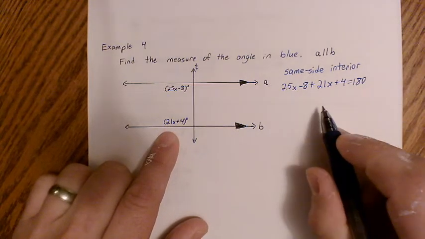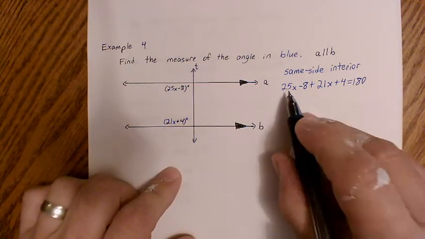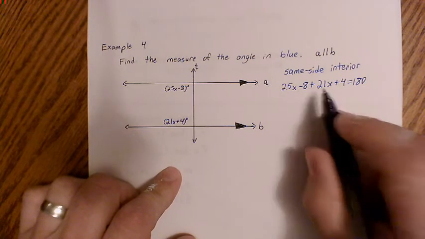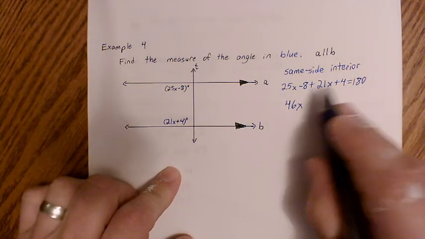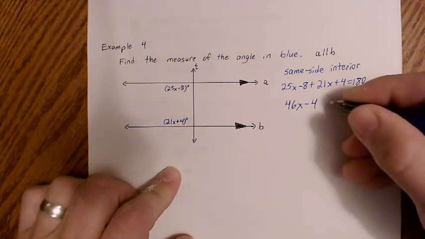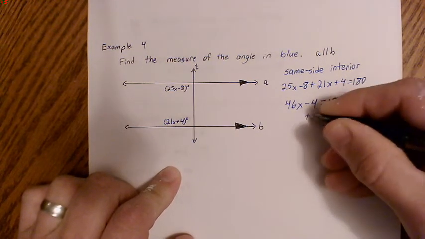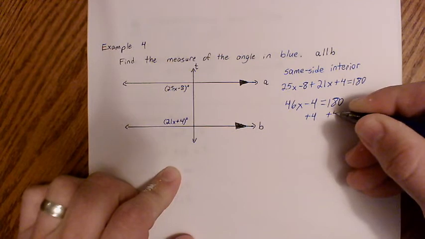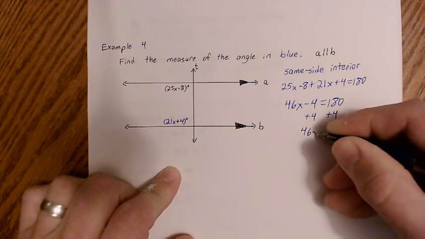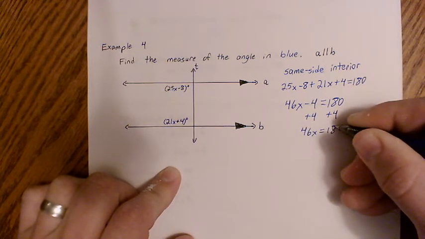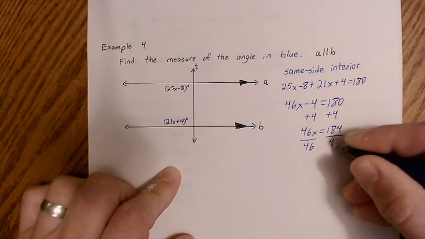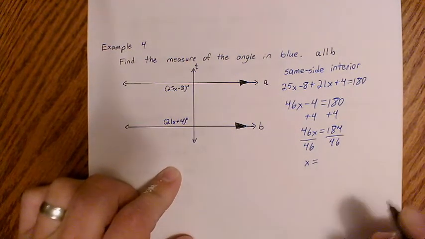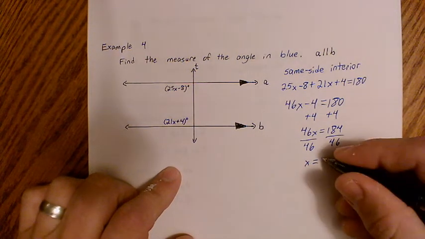Now, this is actually going to rely on us combining like terms at this point. 25x plus 21x is 46x. Negative 8 plus 4 is minus 4. I'm going to add the 4 to both sides. So 46x equals 184. Then I'm going to divide by 46. So x is equal to, that would be 4.